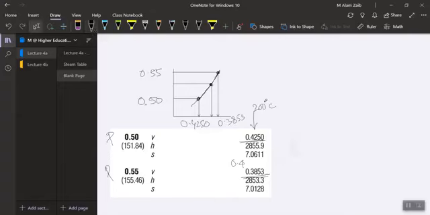Obviously at a volume of 0.4, we are looking for the pressure. Same would happen here. Let's suppose again we will be using the slope formula.